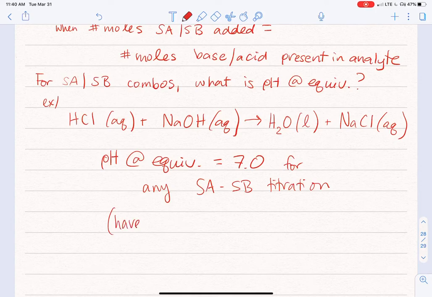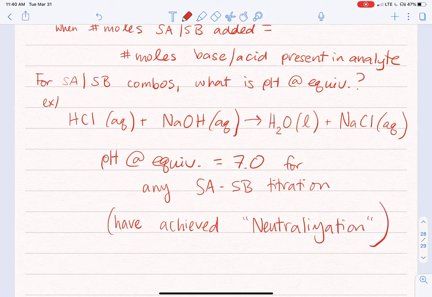So back in Gen Chem 1, you called this a neutralization reaction, which is another word for a strong acid, strong base reaction. So literally in a titration of a strong acid with strong base, at equivalence, you have achieved neutralization, and the pH should be 7.